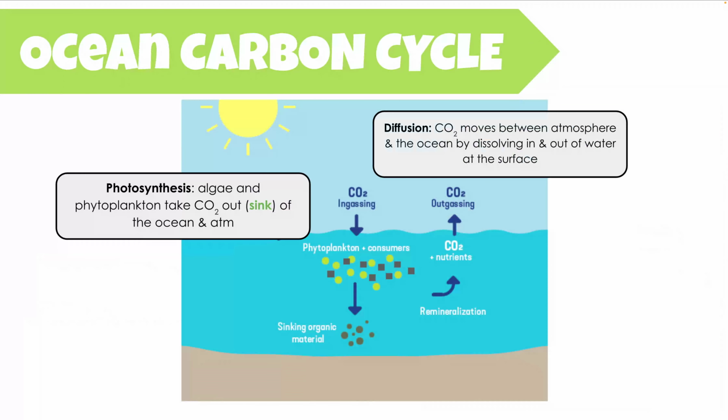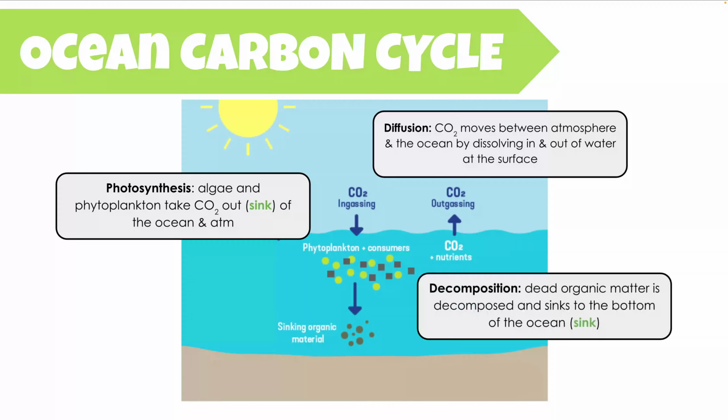There is photosynthesis also going on in the ocean because there are lots of plants in the ocean, such as phytoplankton and algae. They are taking the CO2 out of the water and using it to make their own glucose. So this acts as a carbon sink because they're storing more carbon than they are releasing.